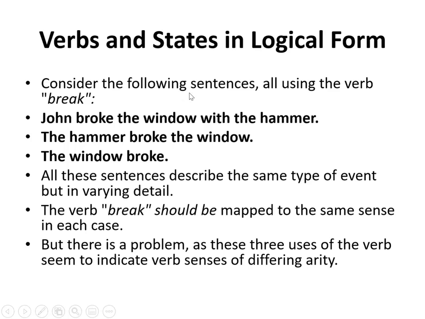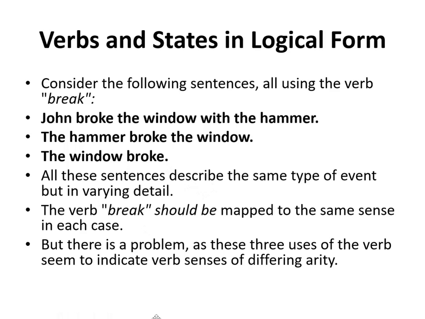Consider the following sentence: John broke the window with the hammer. We have three types of sentence with the verb break, in different forms. First, John broke the window with the hammer. Then, the hammer broke the window, and the window broke.